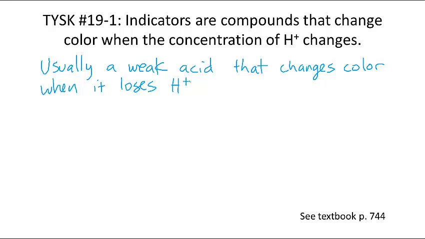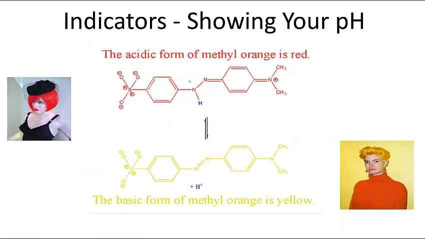That's what an indicator is. It's just a specific kind of acid that if you take the H+ away, it changes to a different color. In other words, its conjugate base is a different color than itself. The structural reasons for that are often very fascinating. And so I'll give you an example here and maybe mention briefly why it is.